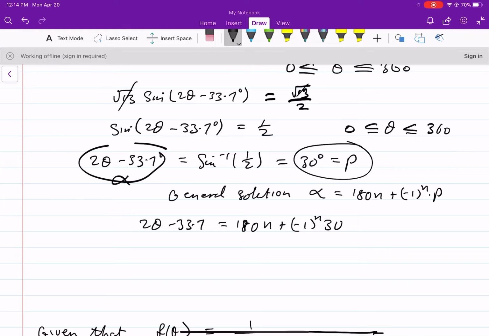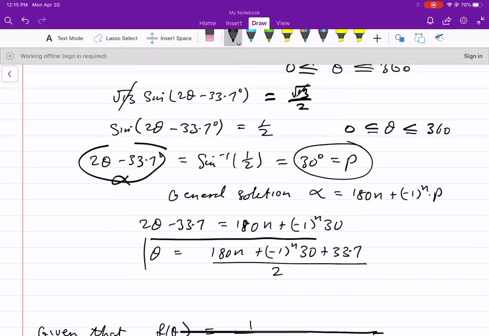It'll be a tad more complicated. And theta is equal to 180 n plus minus 1 to the n times 30 plus 33.7, and divide that by 2. I will get all of my solutions from this. This is a general solution where n is a member of the set of integers, all integers, positive, negative integers, and 0.